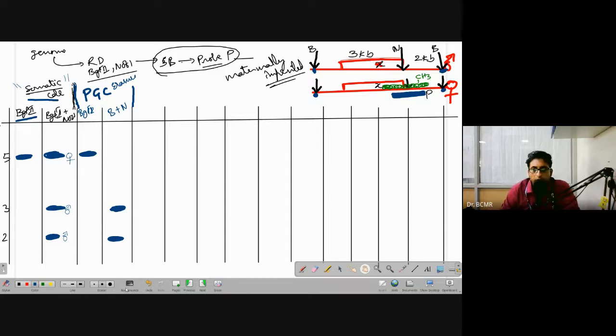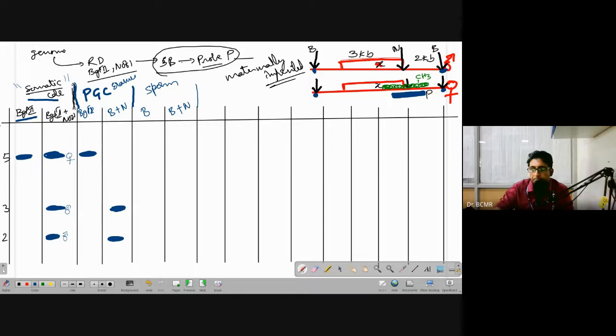So the next sample that we'll have is, say, sperm. So this reaction is for BGL2 and the other one is for BGL2 plus NOT1. What do you expect in this?